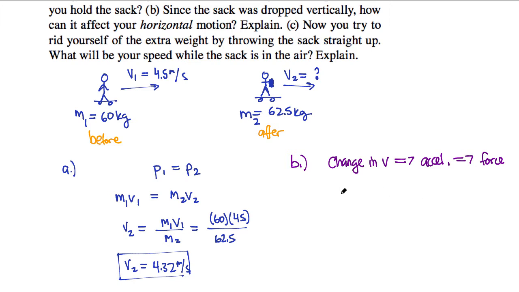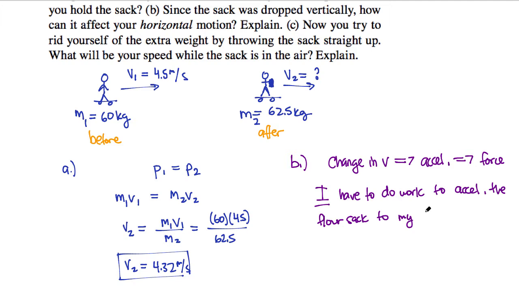When I drop the flour sack into my arms and I catch it, I actually have to do work. So I have to do work to accelerate the flour sack to my speed. It doesn't really matter which force we're talking about at this point.